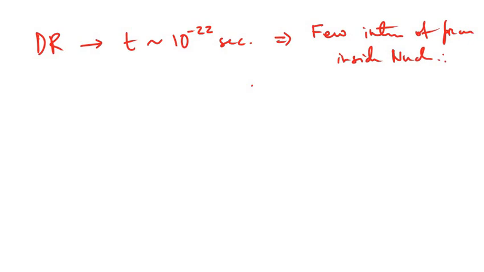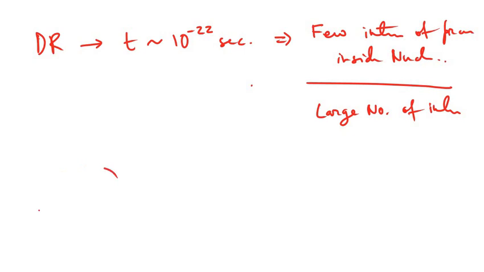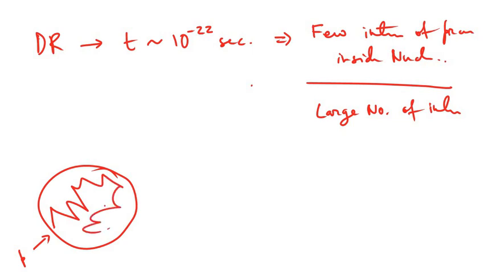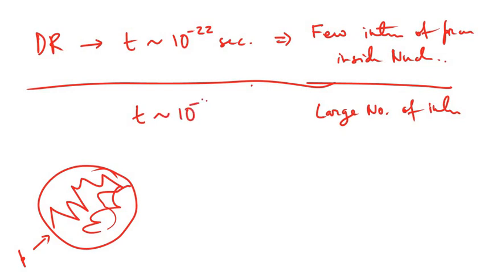Okay. Now, however, much slower interactions are also observed. So basically, if there are large number of interactions, so this is the nucleus, the proton enters and there is a large number of interactions of this proton, then the time scale will be much larger. And normally these larger time scales are of the order of 10 to the power minus 14 seconds, and most of the time this also involves electromagnetic emissions as well.